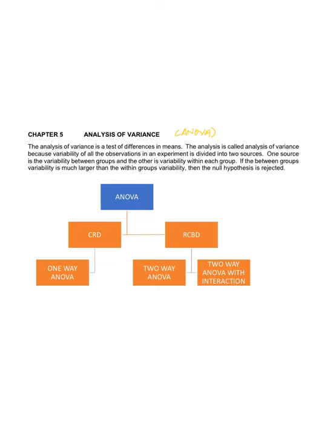So that is the difference between analysis of variance and the hypothesis testing we did before. Analysis of variance is when we want to compare more than two population means, which means starting from 3.